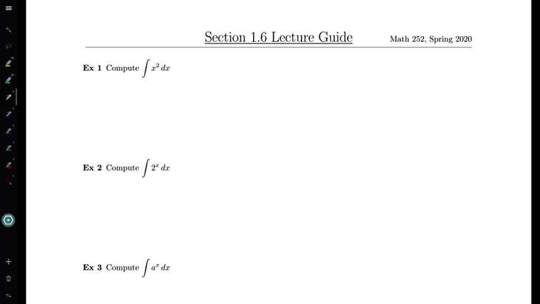So the first thing that we're going to do is compare the difference between the power rule and the exponential rule. For instance, example 1 here is asking us to compute the integral of x squared dx. This is our power rule for integrals.